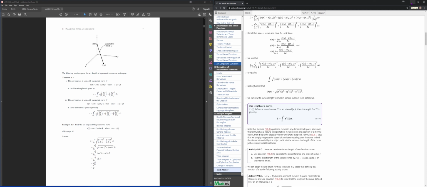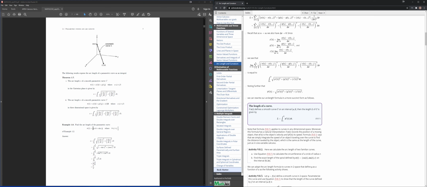Anyway, what we want to do is be able to use this formula, right? So let's get the arc length of this parametric curve, which is cos t i plus sine t j, where t goes between 0 and pi on 4, right?